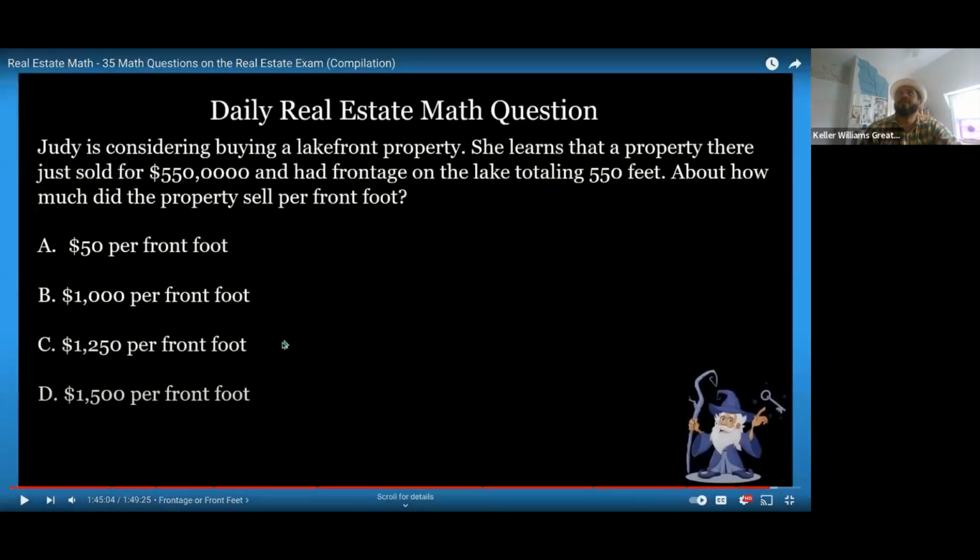All right, so let's do it again. Judy is considering buying a lakefront property. She learns that a property there just sold for $550,000 and had frontage on the lake totaling 550 feet. How much did the property sell per front foot?